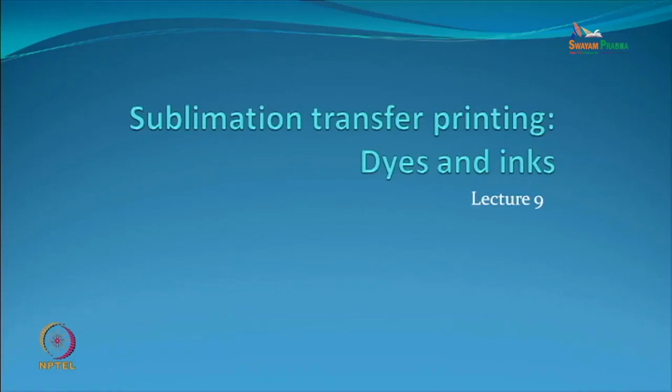So we will now little bit talk about dyes and inks. So dye is the dye that we talk about, the molecule. Ink is the solution which has the dye. All right. So ink is like a paste which we're having in a printing, normal textile printing.